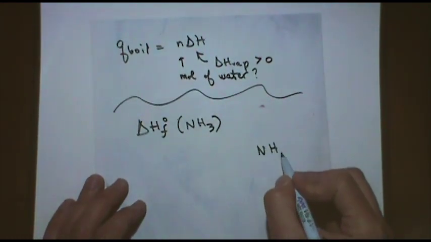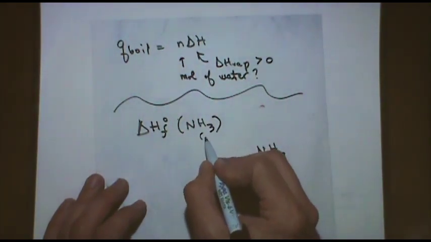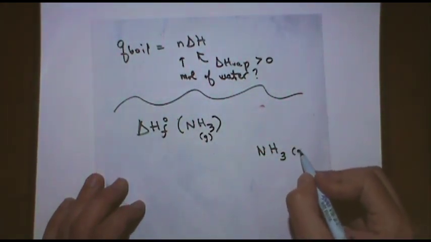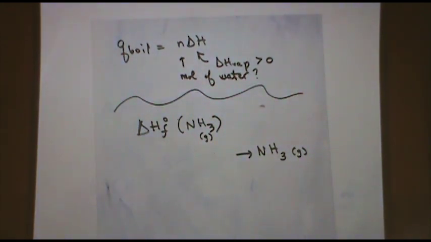If you're forming it, it would be the product. We'd have to give you the state, so let's say it was a gas. So it's formed from elemental form. Students in other classes, you should know what elemental form is. If you don't, I'll show you just in case your instructor mentioned it, or you forgot, whatever happened.